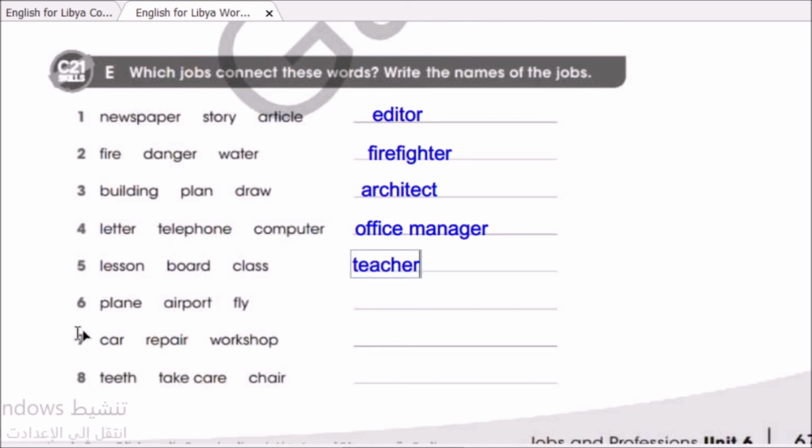Number 6, plane, airport, fly. Good job. You can say a pilot or flight attendant. Good. Number 7, car, repair, workshop. Good job. Mechanic. And the last one, teeth, take care, and chair. Good job. Dentist.